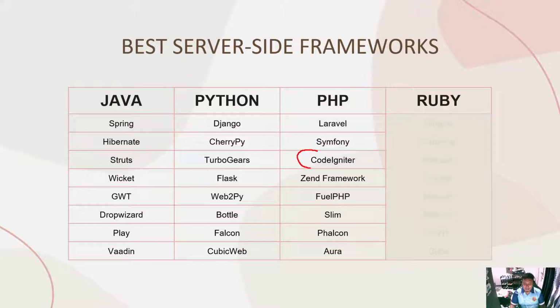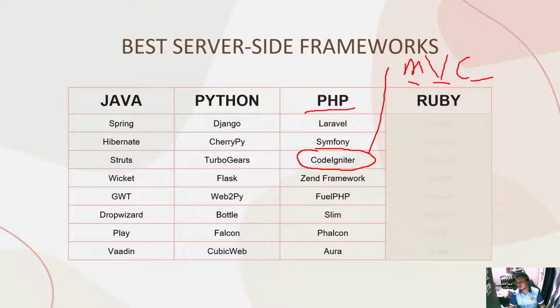The one we are going to use, since we are using PHP, is CodeIgniter, because its MVC approach, which is model view controller, really helps the programmer organize the controllers, the views, and the database connections. Next topic, we will discuss what CodeIgniter is.